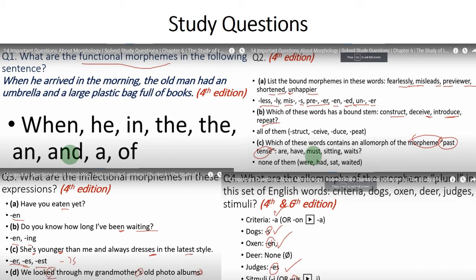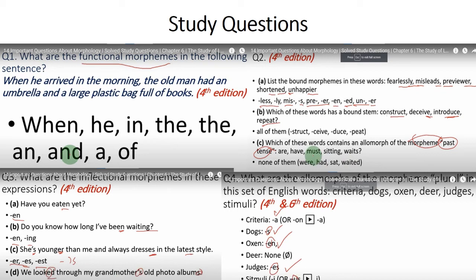C. She is younger than me and always dresses in the latest style. So in this there are three inflectional morphemes, er in younger, es in dresses, and est in the word latest.